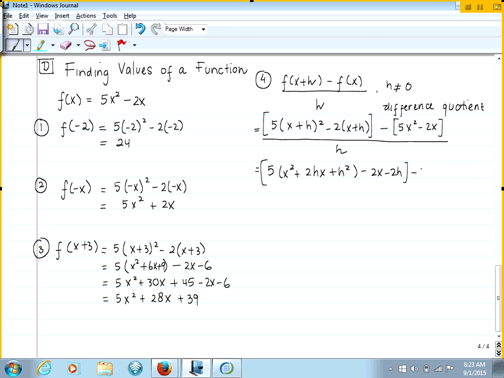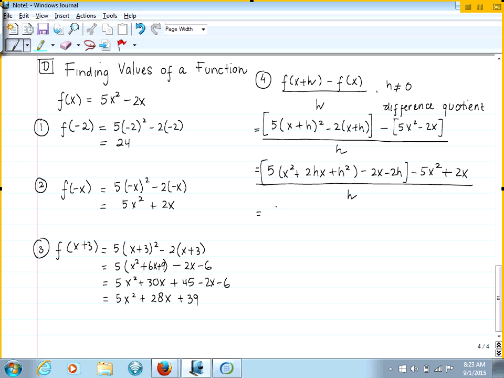Let me just take out these parentheses on the second one, right? Minus 5x squared, and then what am I supposed to write here? Plus 2x. Everything divided by h.